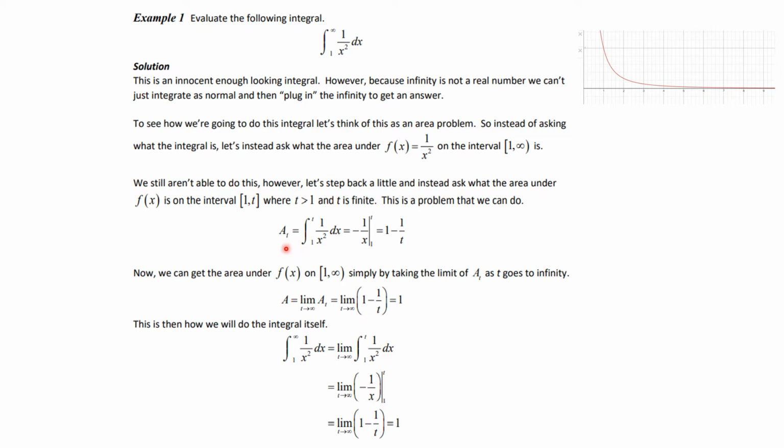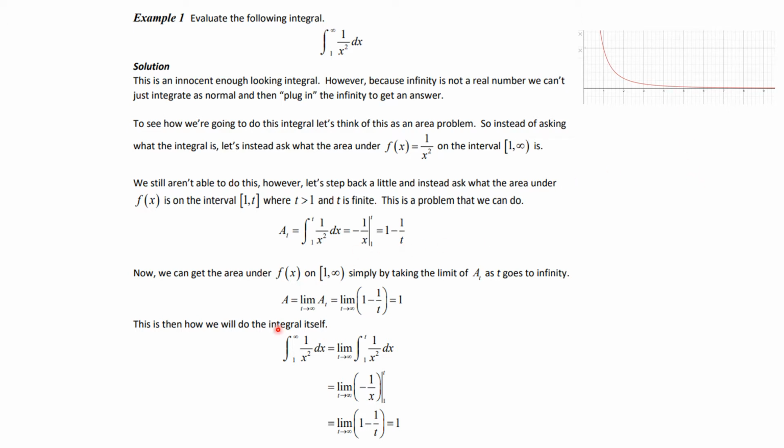So A sub t is equal to the integral from 1 to t of 1 over x squared dx. We add 1 to the exponent, divide by the new exponent, and we get minus 1 over x. Then we plug in 1 at the low end and t at the top end. Since there's a minus sign here, when we do the signs, we get minus 1 over t, and that's minus minus 1, which when we simplify is 1 minus 1 over t. But t could be as big as I want.